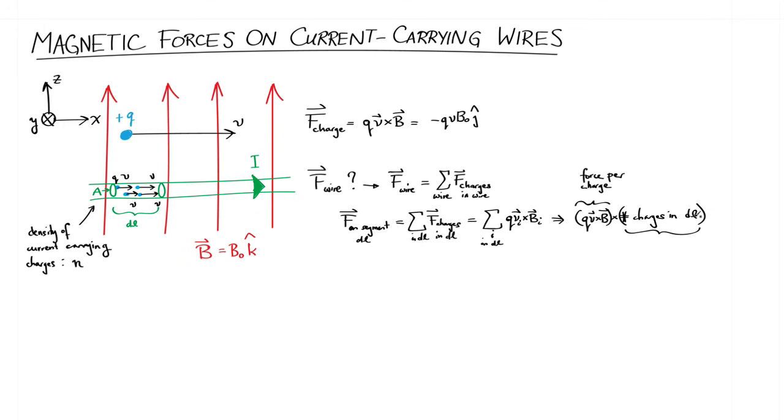The number of charges in length DL is going to be equal to the density of charges times the volume of this little cylindrical section, so the cross-sectional area A times the length of that section, DL. This is a number per volume, and this here is a volume. So that gives us a total number.